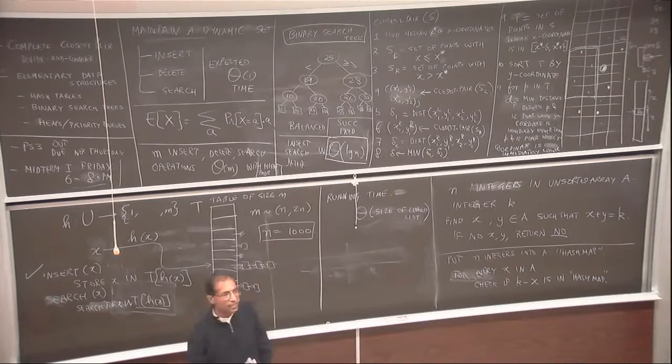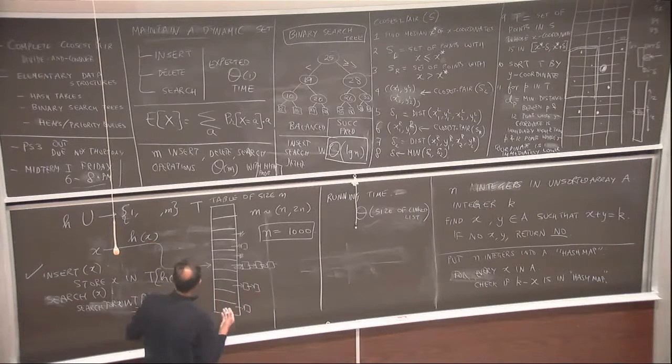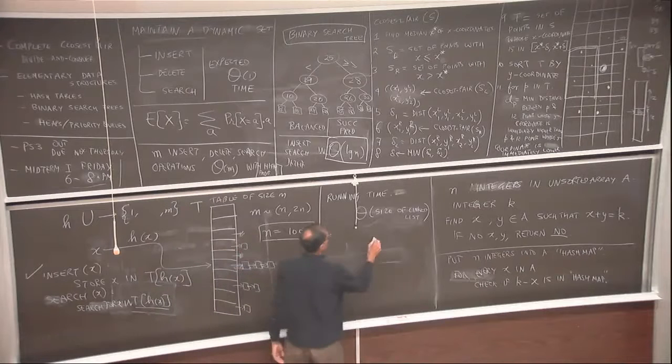The size of a linked list in a hash table, of course, depends on our luck, right? If all the points were such that they were all ending at the same location, then the linked list would be large. This is what is called collision.